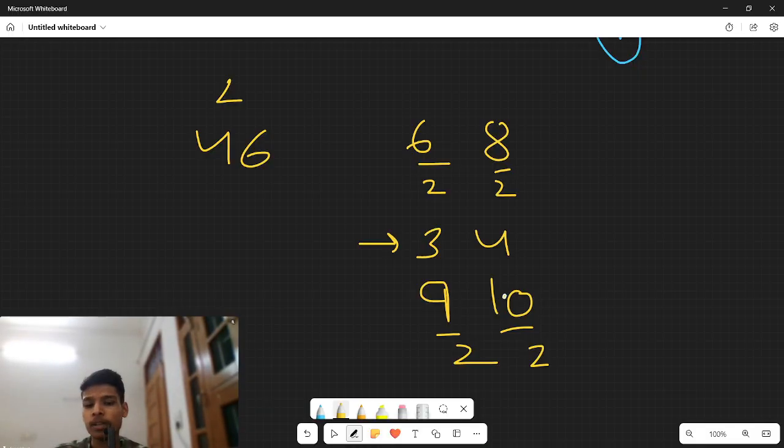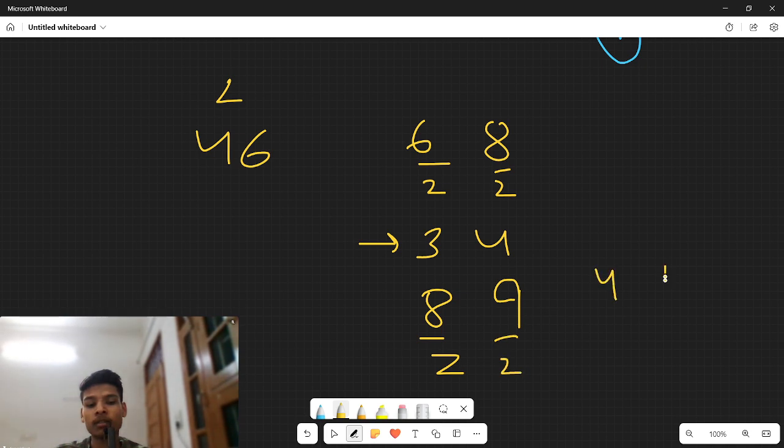Right, I have to add 5. I have incremented the wrong number. So you can see if I add 5 to both of these numbers, this number will become 8 and this number will become 9. And dividing both numbers by 2, this will become 4 and this will also become 4.